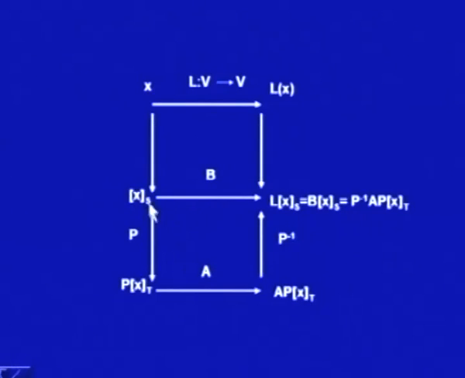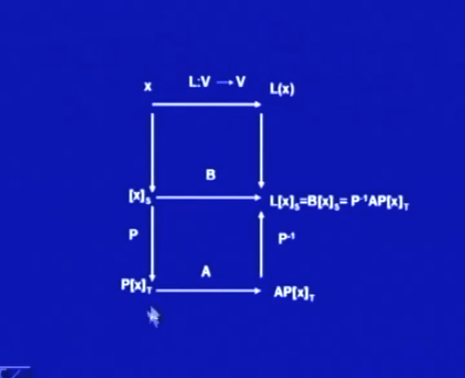Now, the coordinates of this vector x in S is x_S, but with respect to the another basis T, the relationship will be x_S is equal to P times x_T. So, these are transformation matrices which take the vector coordinates from x_T to x_S.